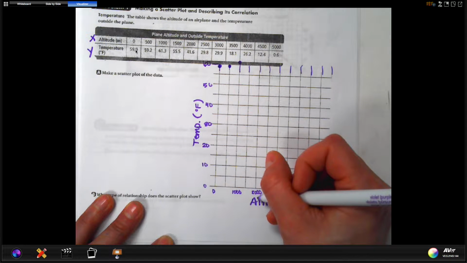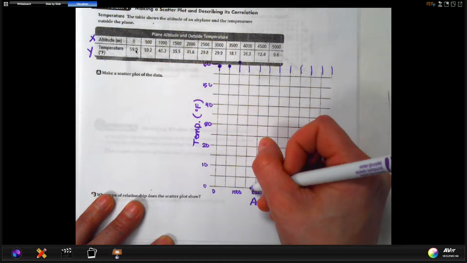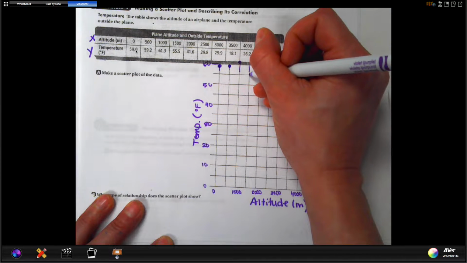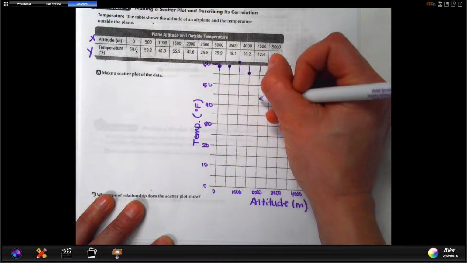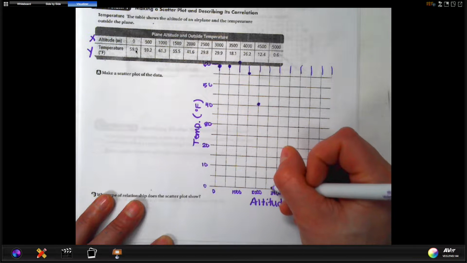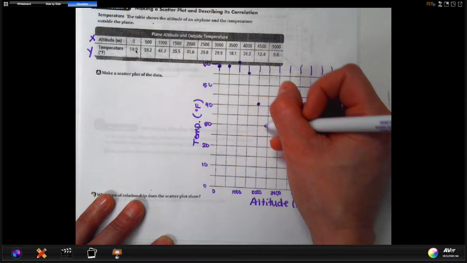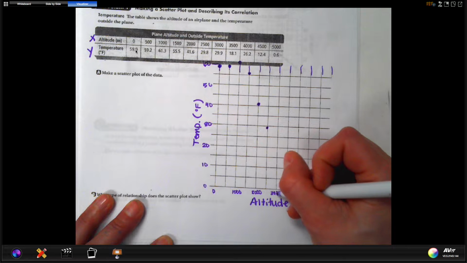And then once you get to 1500, we start dropping a little bit. So you want to put them on. 2000 is 41.6. And because of the space, it's going to be really close. 2500 is 29.8. 3000 is 29.9.